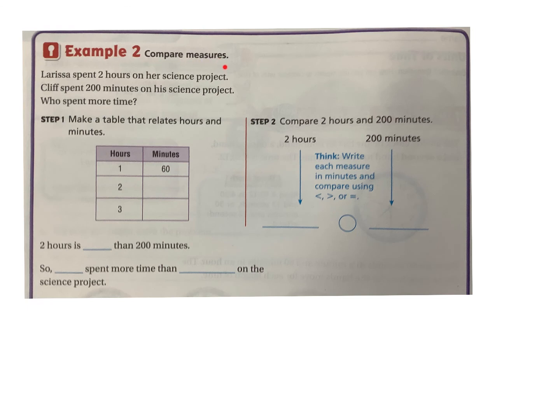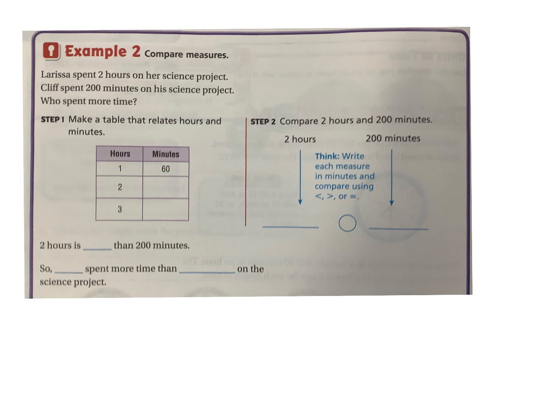Example 2 says, let's compare measures. If Larissa spent 2 hours on her science project and Cliff spent 200 minutes on his science project, who spent more time? One way we could do this is make a table that relates hours to minutes, sort of like we did when we were converting units in the metric system and customary system. It's the same idea. Start with that base amount. I know that 1 hour is 60 minutes. That's what I know. So if I have 2 hours, that's 1 times 2 is 2, right?